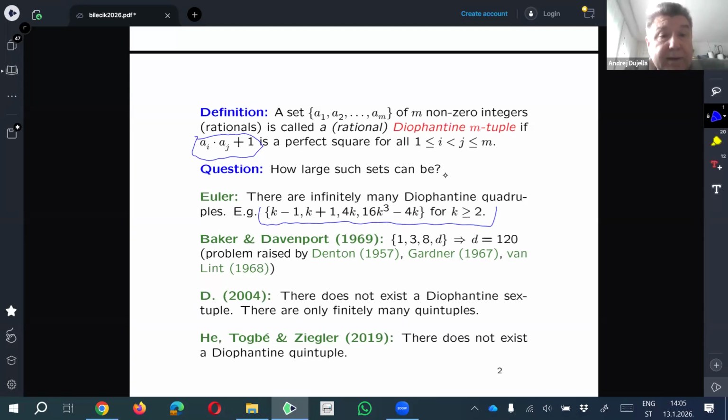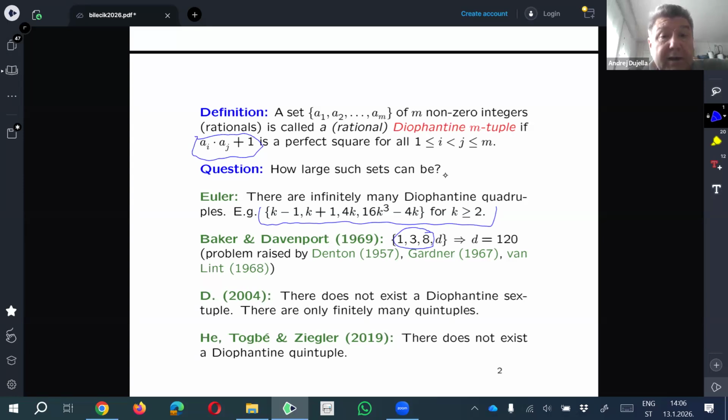In the opposite direction, the first important result was due to Alan Baker and Harold Davenport in 1969. They proved that if we start with 1, 3, and 8, this subset of the set of Fermat, then the fourth element has to be 120. In particular, the Fermat set cannot be extended to an integer quintuple.